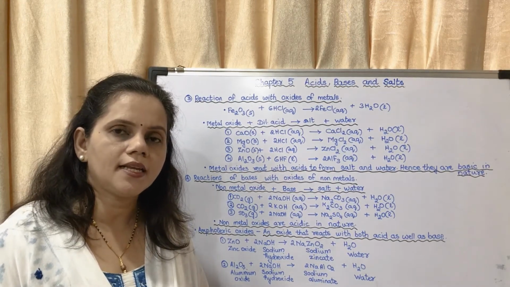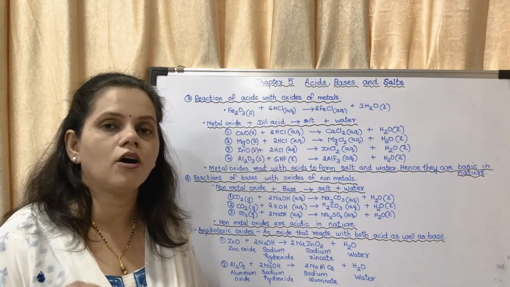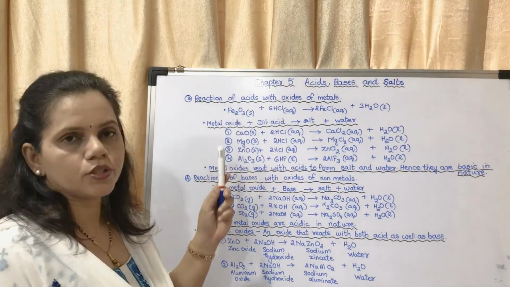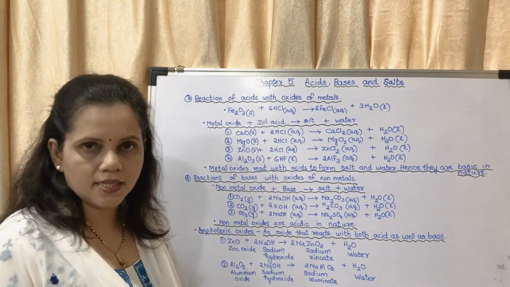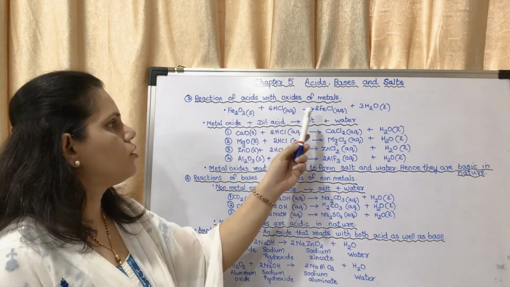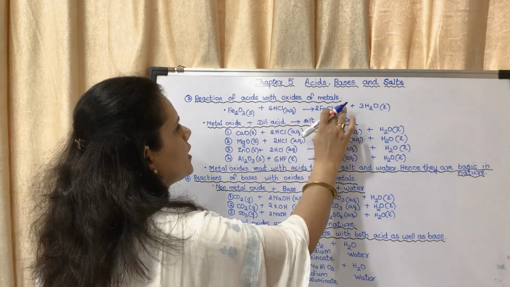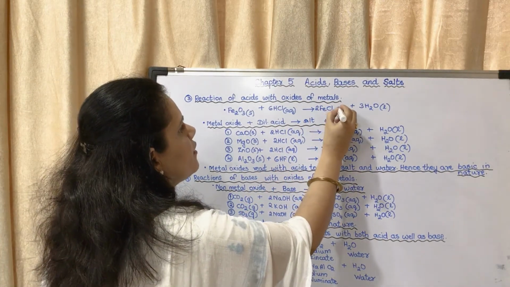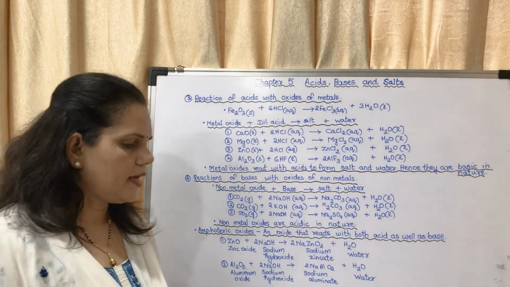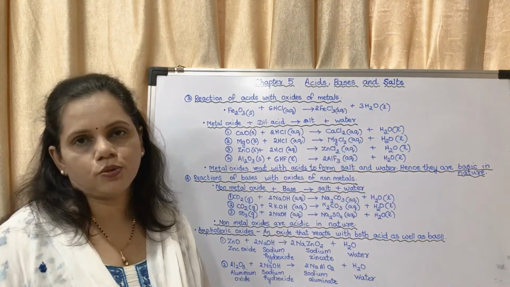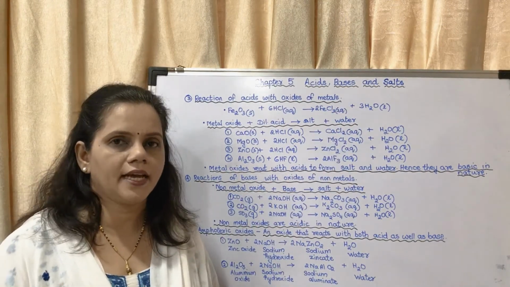What is the chemical name? It is ferric oxide or iron oxide. This Fe2O3 will react with HCl, that is acid, to form FeCl3 plus H2O.